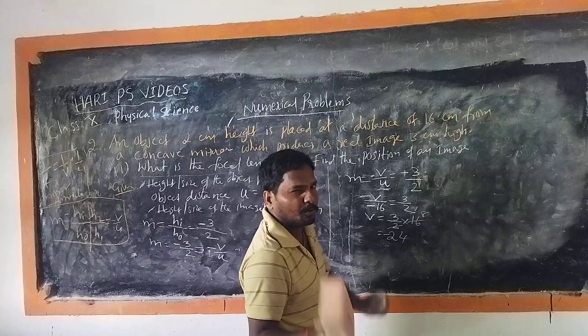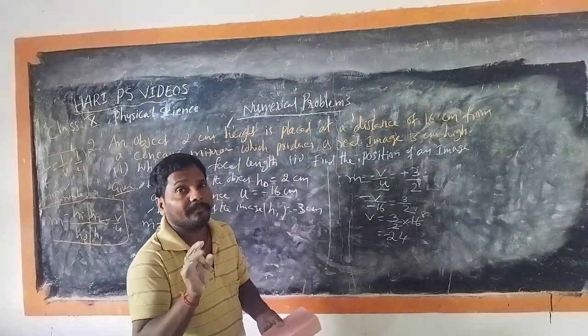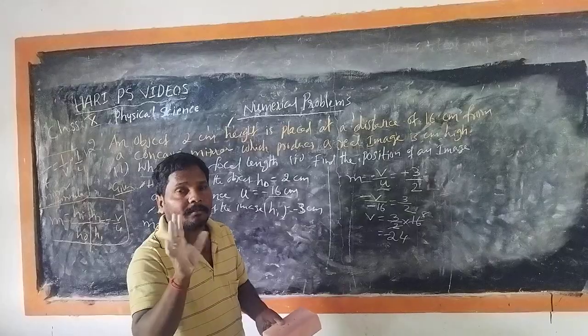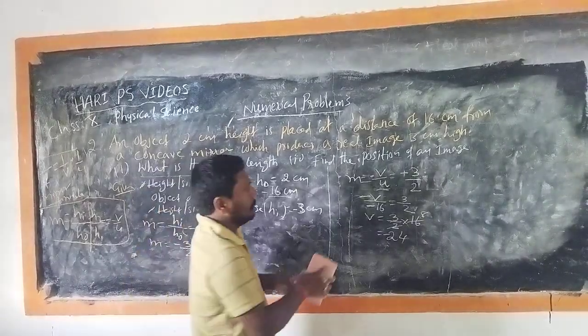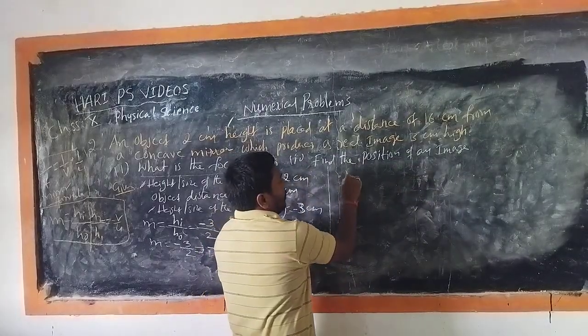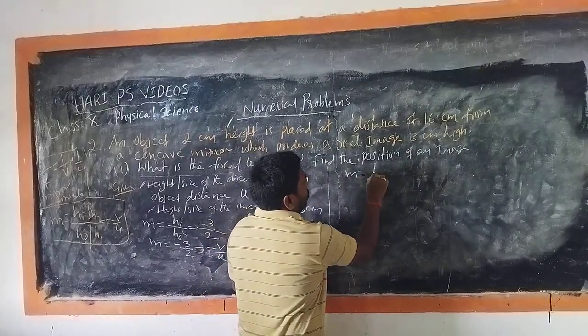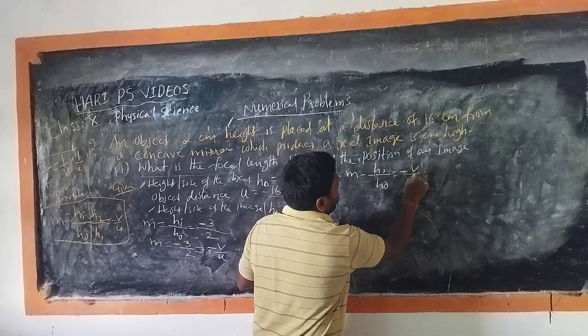Simplification is a little bit confusing because we have to follow the sign convention: plus, minus, plus. You have to get an idea about the sign convention rules. Magnification m is equal to hi by ho, that is equal to minus v by u.